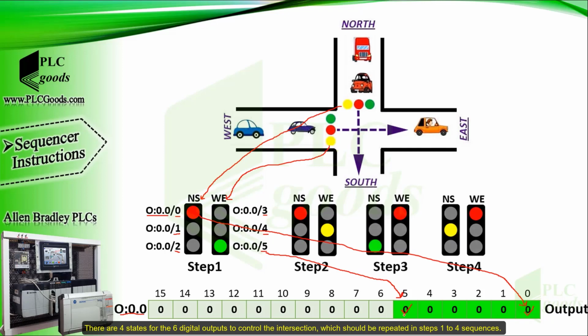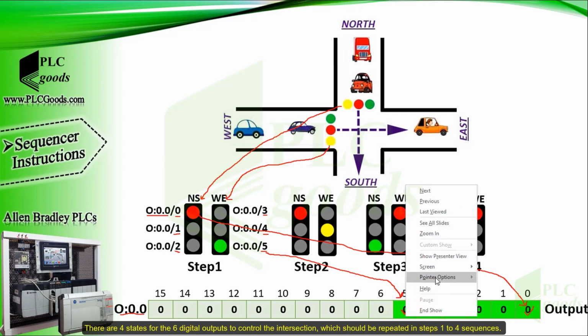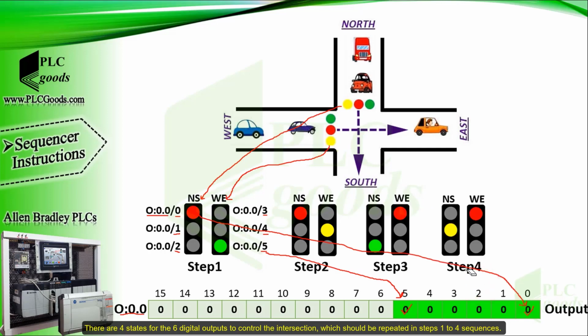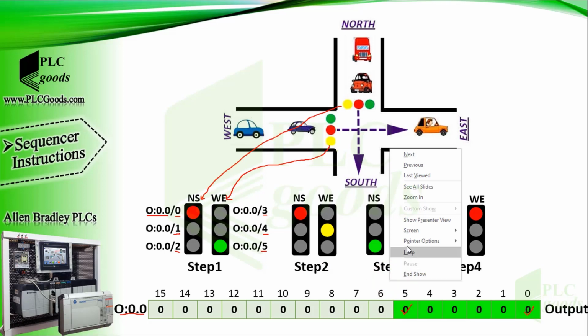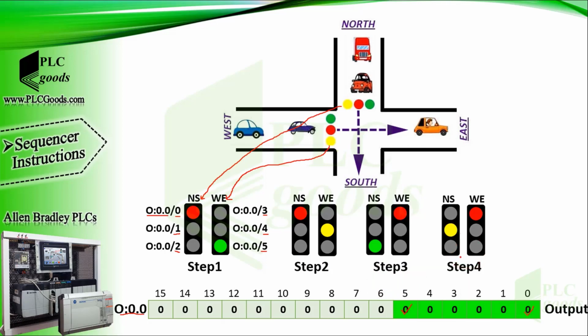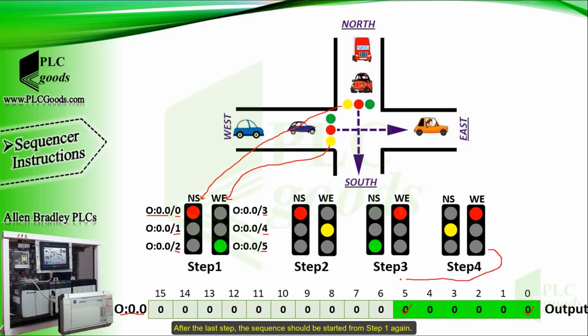There are 4 states for the 6 digital outputs to control the intersections, which should be repeated in steps 1 to 4 sequences. After the last step, the sequence should be started from step 1 again.